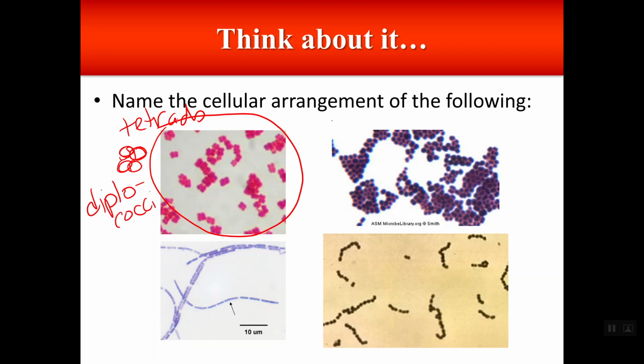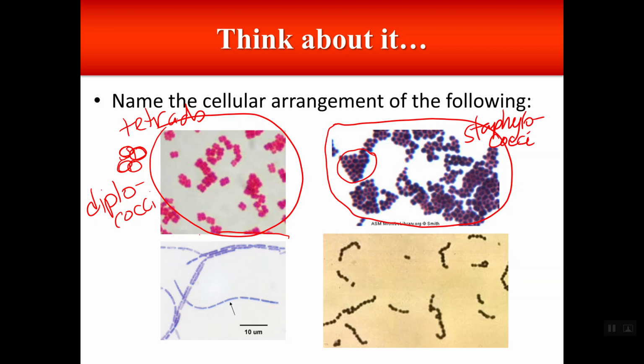Okay, let's continue with this one. These are circular bacteria, and notice that they are in cluster arrangements. So those would be Staphylococcus. And then looking at these ones down here, we see that those are rod-shaped bacteria and they are in chains.